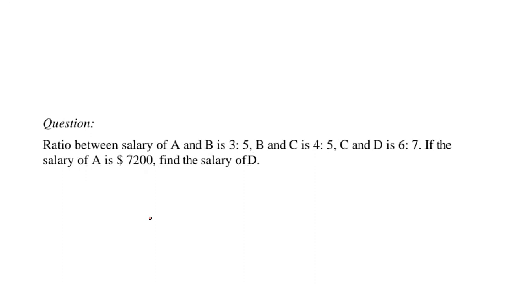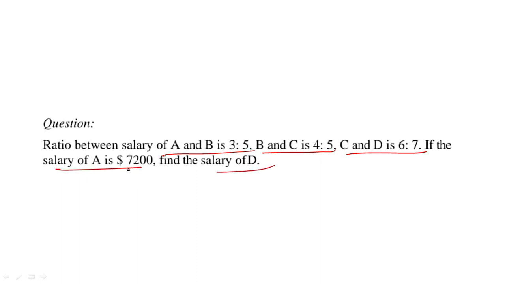Again, there is a third type of question where three ratios are given. Here we see the ratio of A to B, which is 3 to 5, then B to C, which is 4 to 5, and C to D, which is 6 to 7. Now they are asking for the salary of D when the salary of A is given.